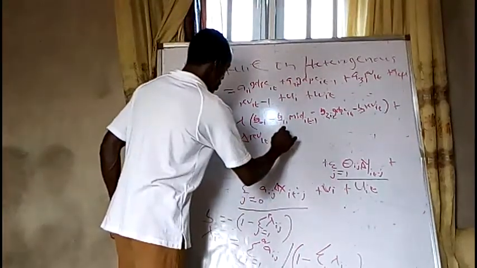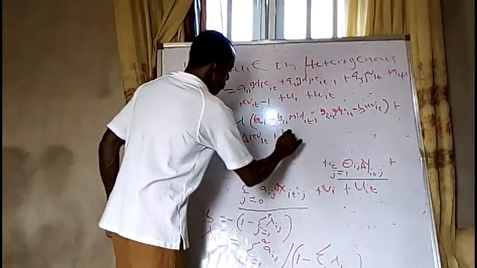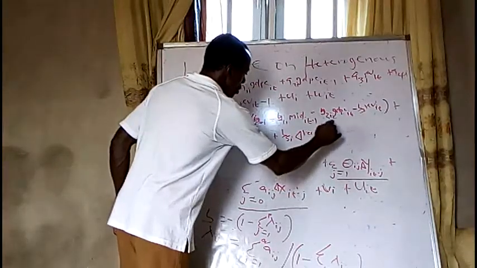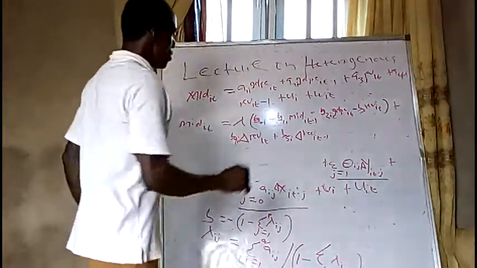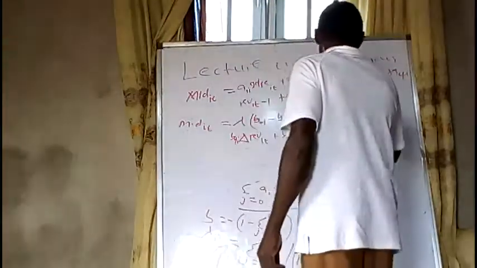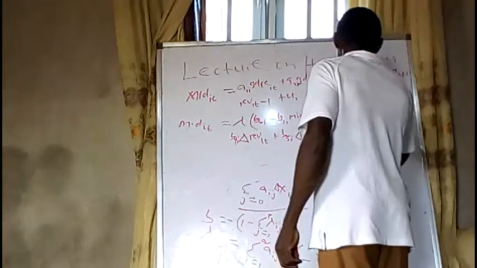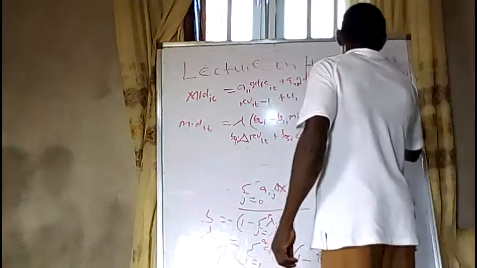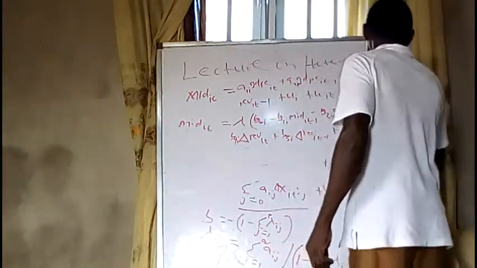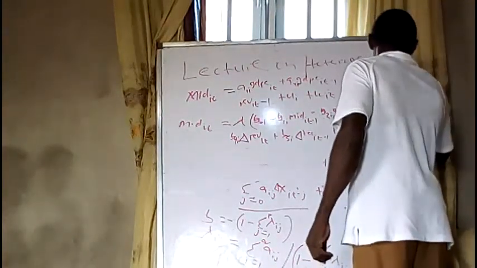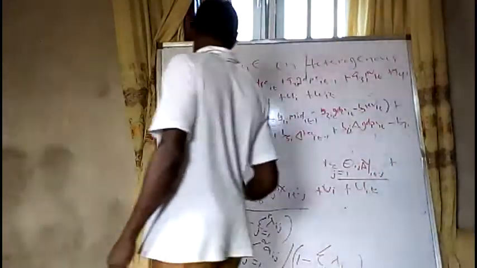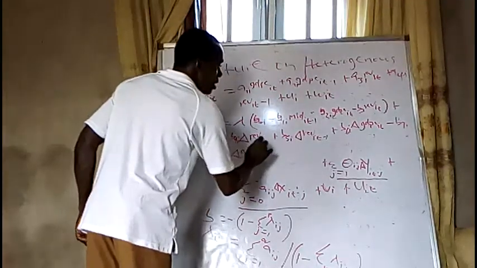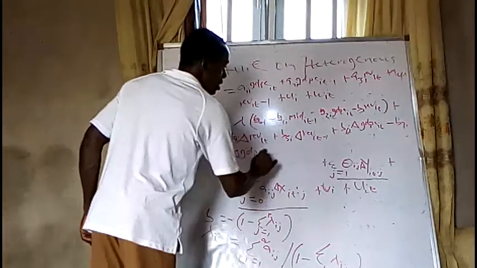Yes, plus B5I, change in reserve, IT minus 1, plus B6I, change in GDP per capita, IT, minus B7I, change in GDP per capita, IT minus 1.